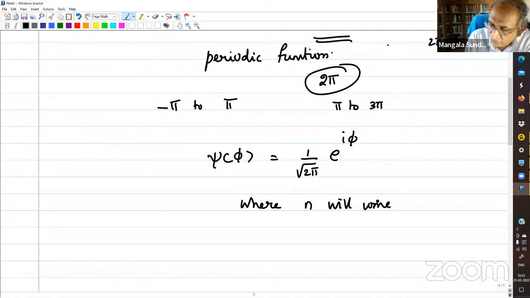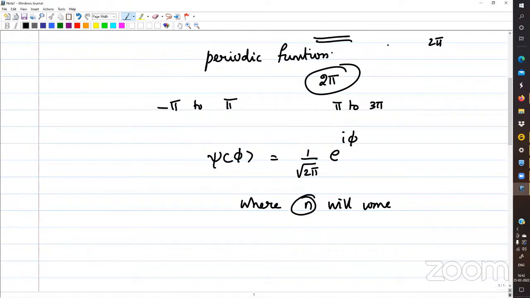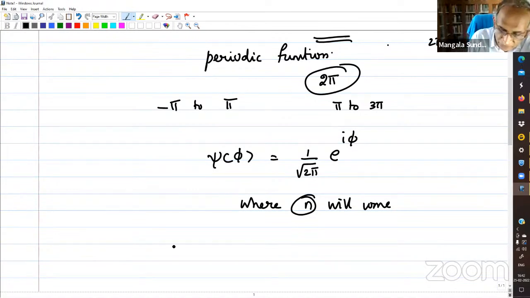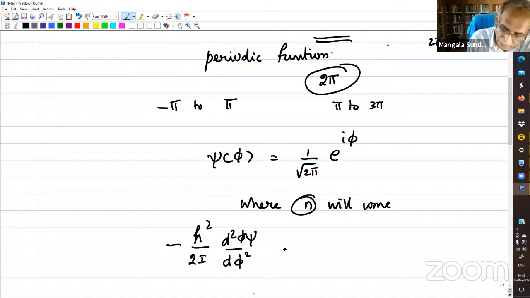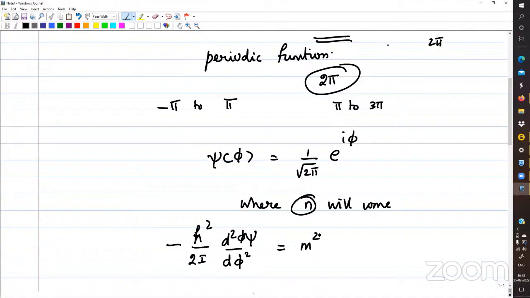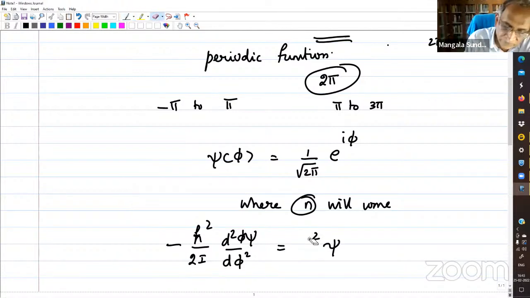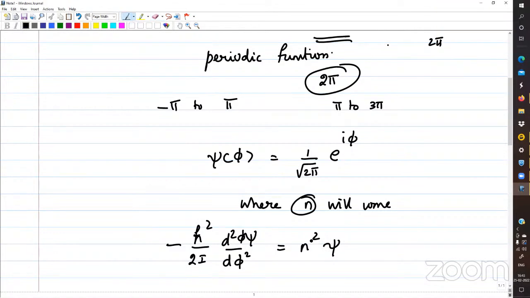N will come with respect to the energy, the quantum number n squared will be there for the energy, because the rotational kinetic energy is minus h bar squared by 2 I, d squared psi by d phi squared equal to m squared psi, or n squared psi.